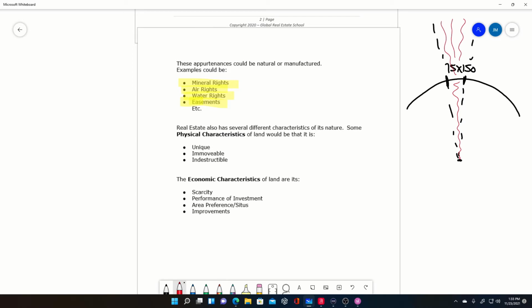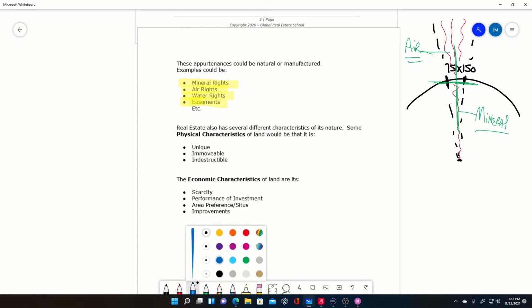Now, so you understand this, when we talk about rights, they not only run horizontally, but your rights also run vertically. In other words, you would own the mineral rights underneath your property, okay? You would also own the air rights above your property.